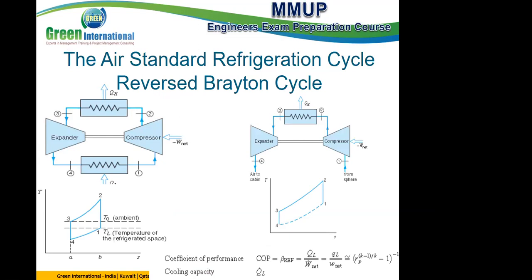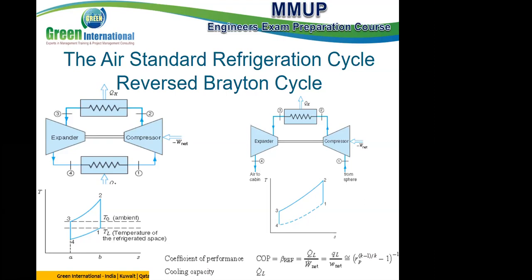In the previous one, the media is refrigerant, like Freon, like 410, like 134a, like Freon 22, and so on. But here the media is air, because this is an air standard cycle.